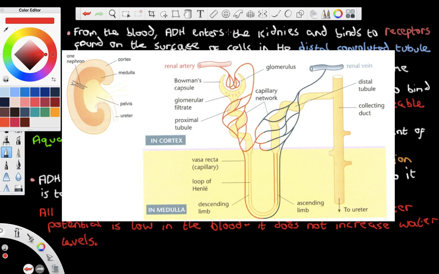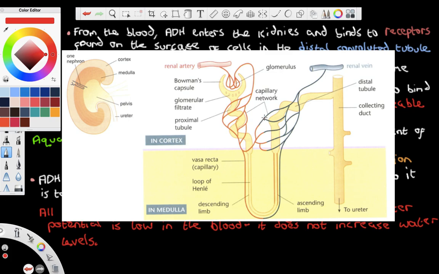This causes these osmoreceptors to shrink, allowing the hypothalamus to produce antidiuretic hormone, or ADH. The posterior pituitary then releases this ADH into the blood, and the blood delivers this ADH to the cells of the distal convoluted tubule, which then bind to receptors. These receptors activate phosphorylase, which allows aquaporins inside of vesicles to join with the cell membrane, and overall makes the cells of this distal convoluted tubule more permeable to water. So more water is reabsorbed back into the blood.